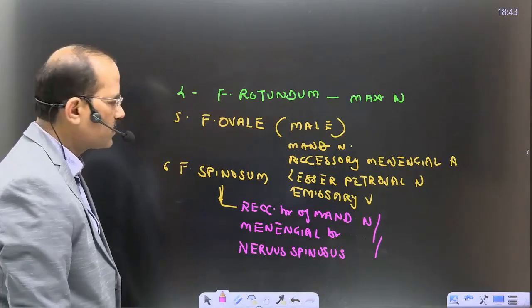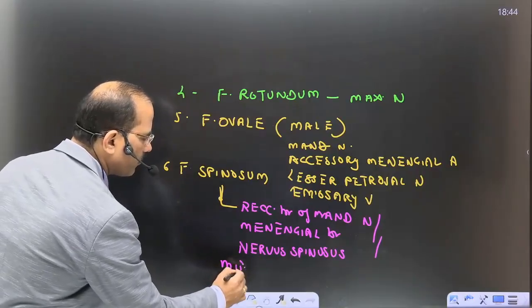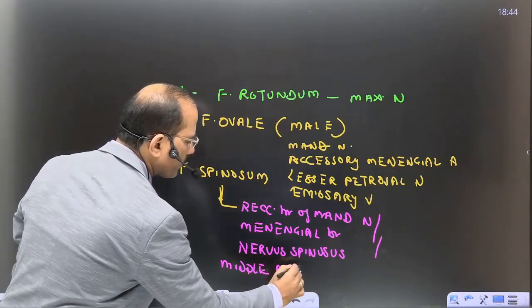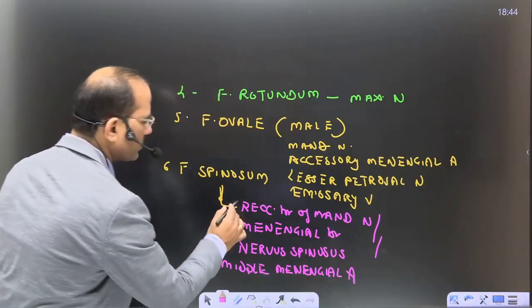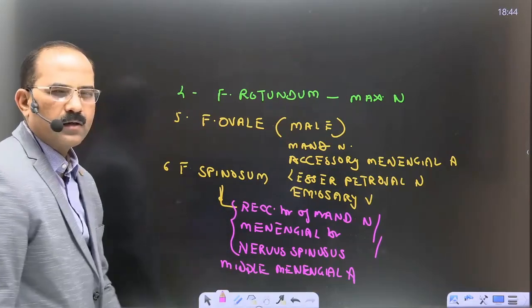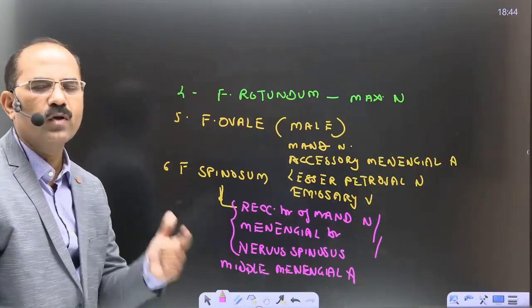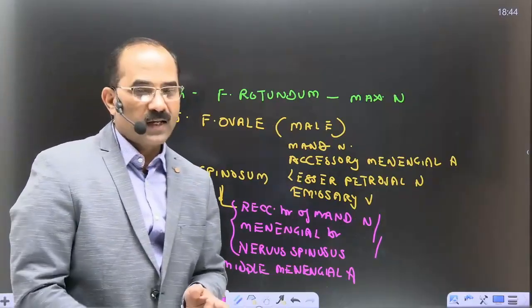And what else passes? And middle meningeal artery. Okay, so these three are the same one. The different names for the same nerve: recurrent branch of mandibular nerve, or meningeal branch, or nervus spinosus. Same. And what else passes is the middle meningeal artery.